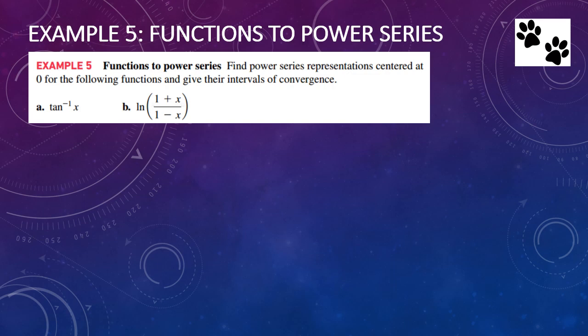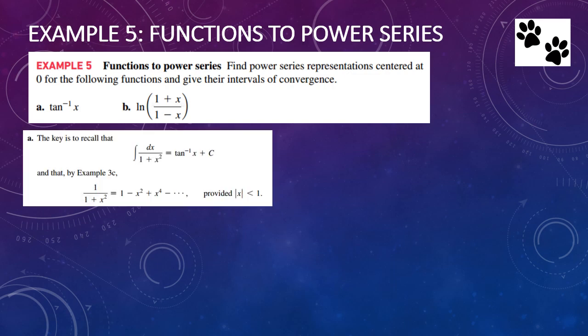Okay? So when you're looking at these and trying to figure out their functions and find the power series, think about the integral. So look up the integral for inverse tangent, look up the derivative for inverse tangent, and see if there's anything there that comes out as a pattern. And so the derivative of inverse tangent is 1 over 1 plus x squared.